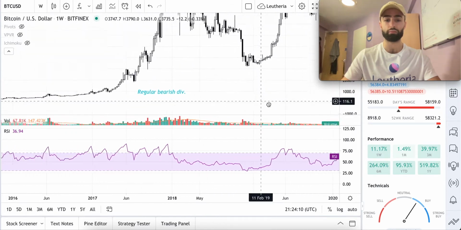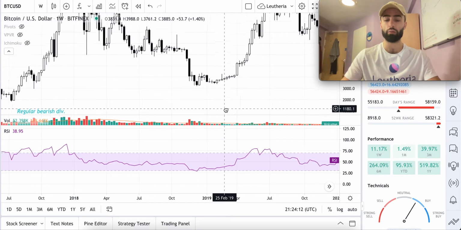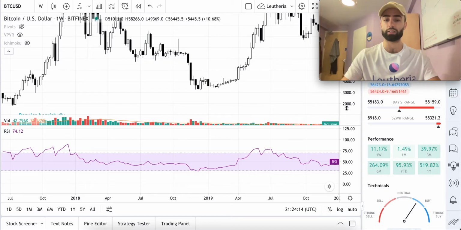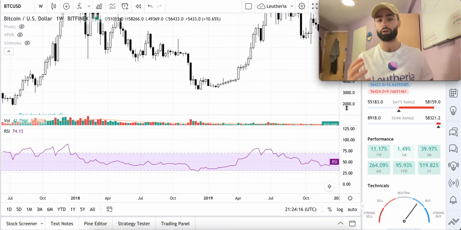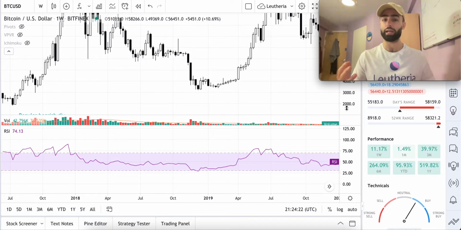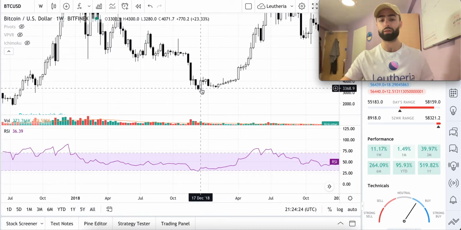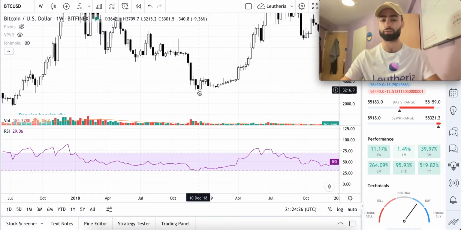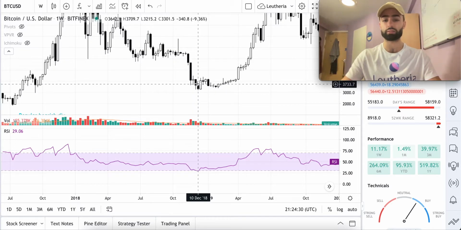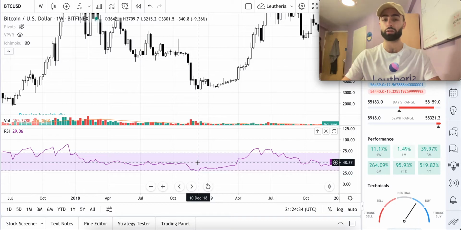That to me is like, okay, that's probably a good time to buy, because that is what we would call a contrarian bet. That's when you're taking a bet that a lot of other people in the market are not taking, and that's when you can get outsized returns. Because a lot of people, when the price was right here in December of 2018, thought Bitcoin might die. People at this point in time were saying Bitcoin might die, but the RSI was telling you this is really oversold, meaning that this might be a good time to buy this asset.